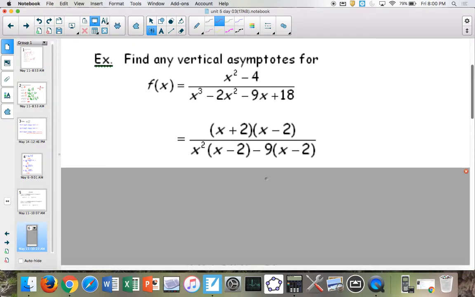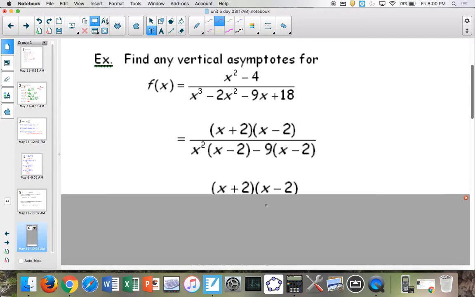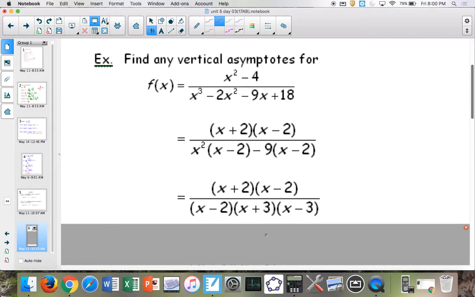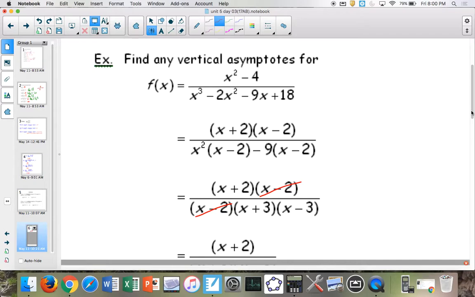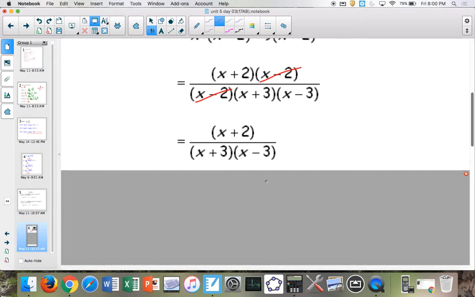The numerator is the difference of two squares, and the denominator has 4 terms, so factor by grouping is a technique we can use. And notice we have common factors x minus 2 in the numerator and denominator. So our final simplified result is x plus 2 over x plus 3 times x minus 3.